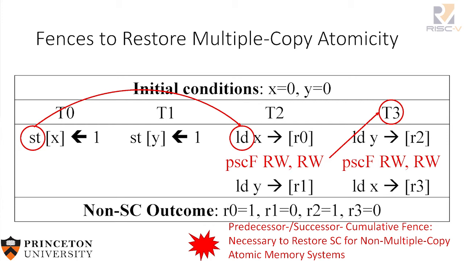Additionally, in order to essentially restore a sequentially consistent outcome in this case, we need to ensure that everything that was in that predecessor set has made its way to another thread before the thread views the fence. So if thread 3 sees this fence, it must have first seen the read that happened before it in program order, and it also has to see what caused that read to read the value of 1. And this allows us to maintain causal relationships and sort of message passing type tests in the presence of these relaxed non-multiple copy atomic stores.